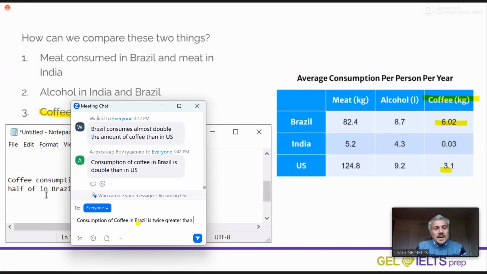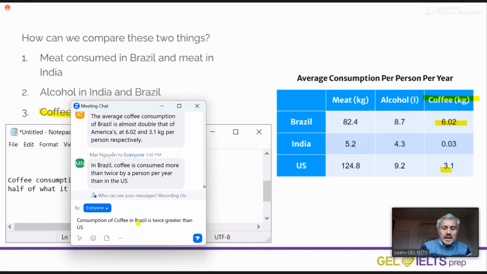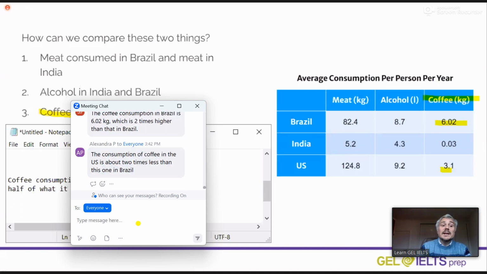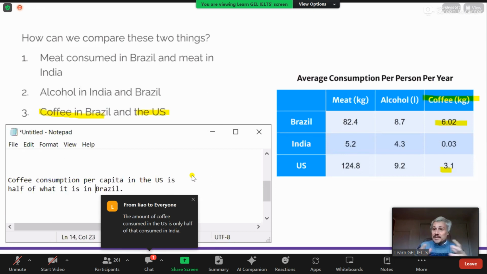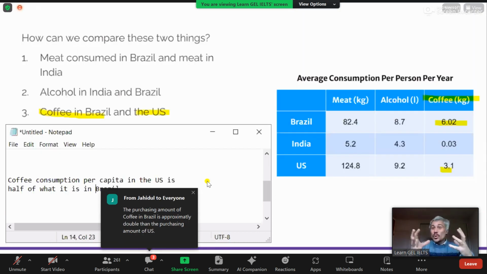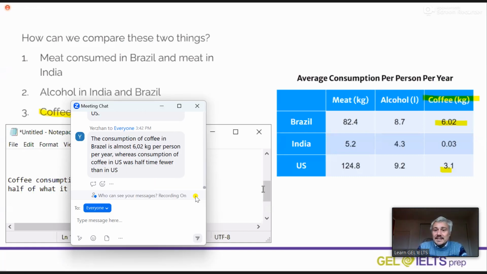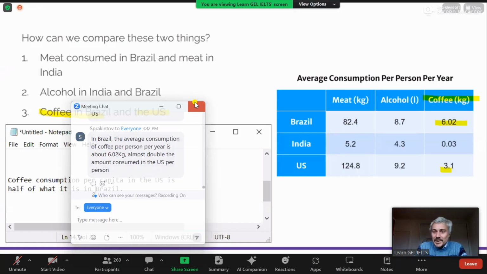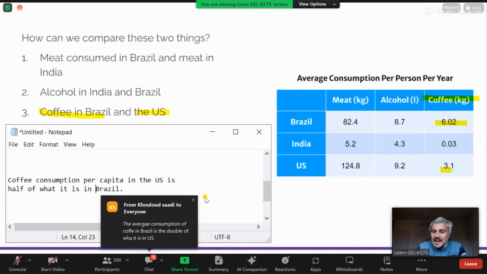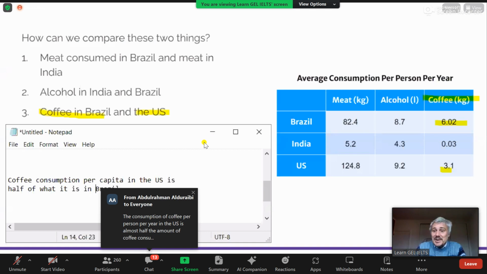What we need to say here is half of what it is in Brazil. That's a better structure than saying Brazil one. Brazil one is not clear, but very nice sentence. Yeah, very good. Let's look for one more sentence. Good. People are being specific in the chat box now. I like it. Very, very good.